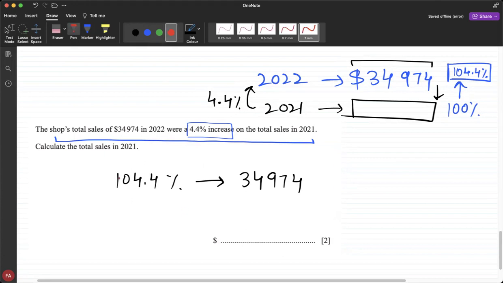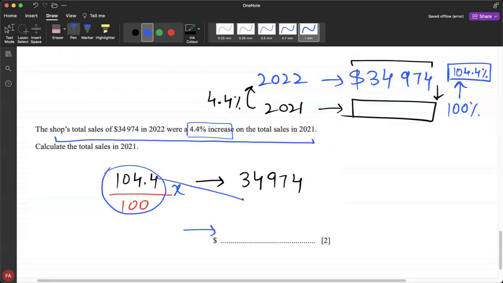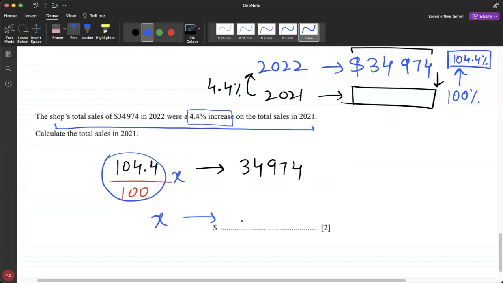So if you were to divide this value in terms of percentage, the word percentage means over 100. Now, let's assume that's X. So you can move all of this into your denominator. If you try doing this, you should end up getting the answer as 34,974 over 1.044.